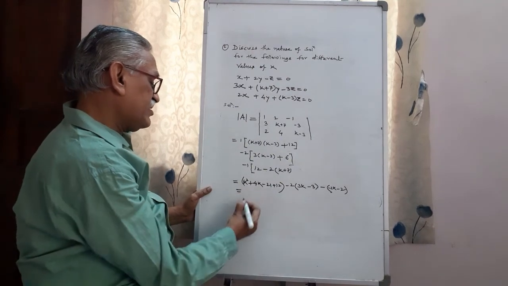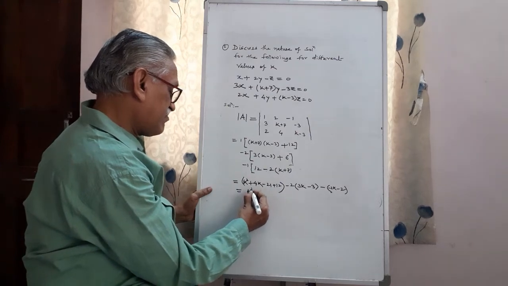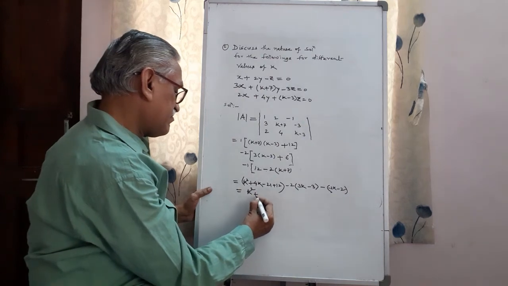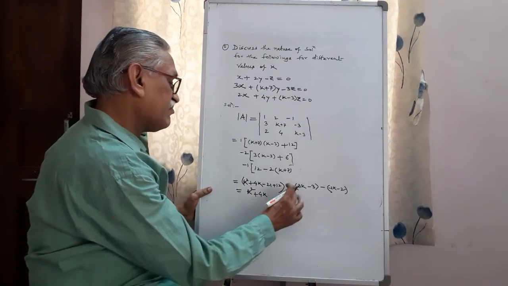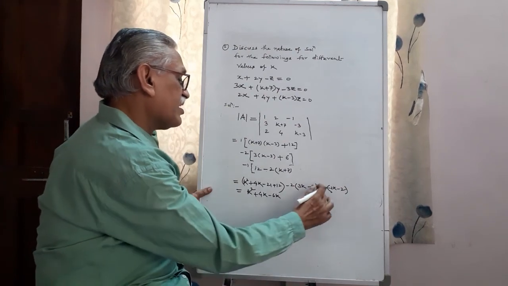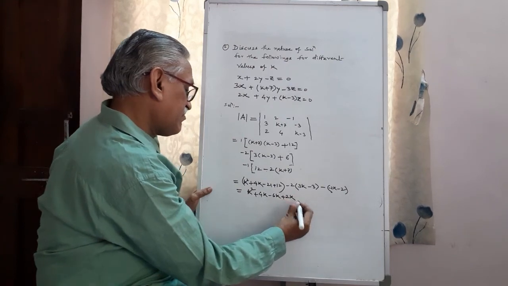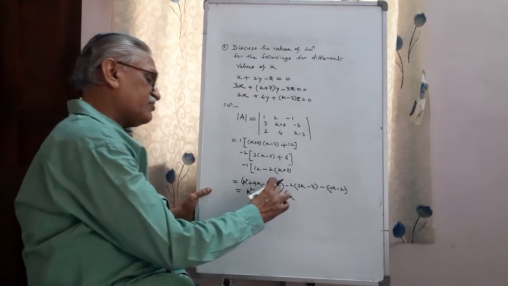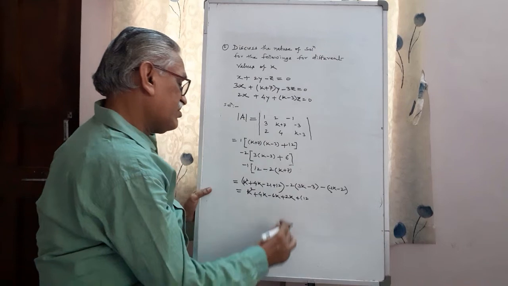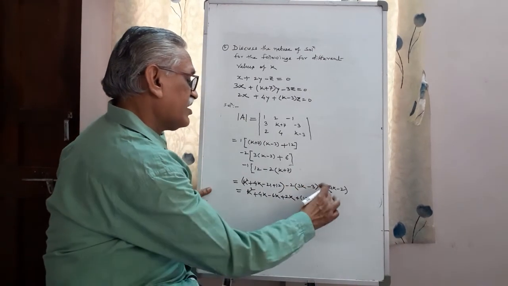Therefore, simplifying it, only one term of k square, plus 4k, minus 6k, and minus minus plus 2k. Then adding the constant terms 12, minus minus plus 6 and minus minus plus 2.